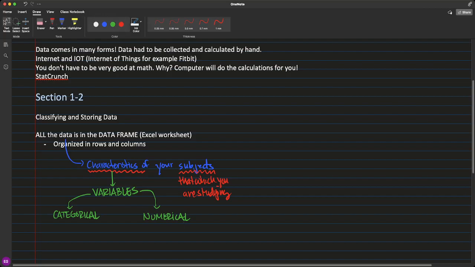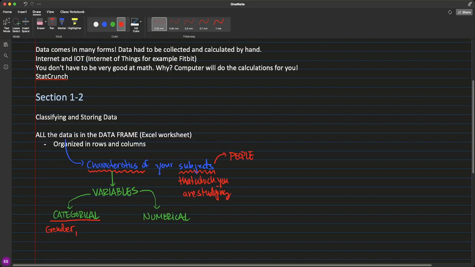Let me give you an example. Let's say that your subjects are people. What's a characteristic that would place a person into a different category? An example of that could be gender. So gender would be a categorical variable.